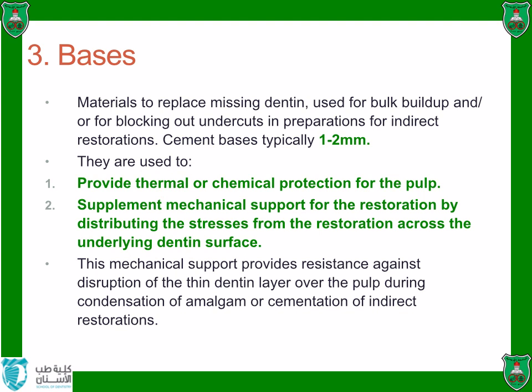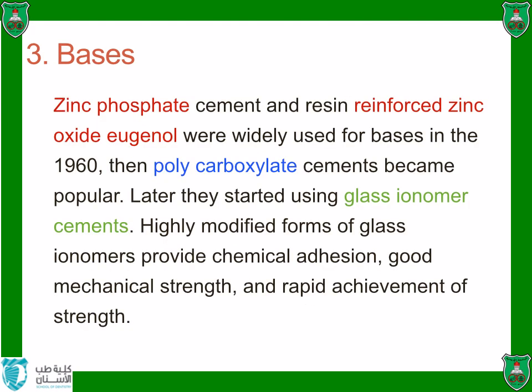So when you condense the amalgam, you will not cause any disruption of the thin dentin layer present in the cavity. Now, what are the materials that we can use for base?